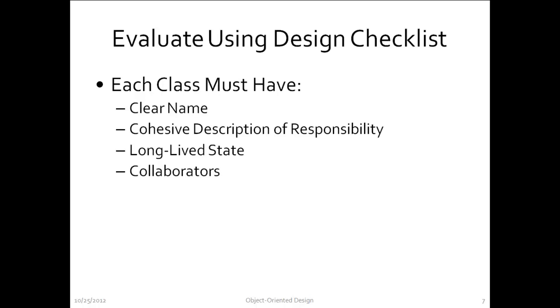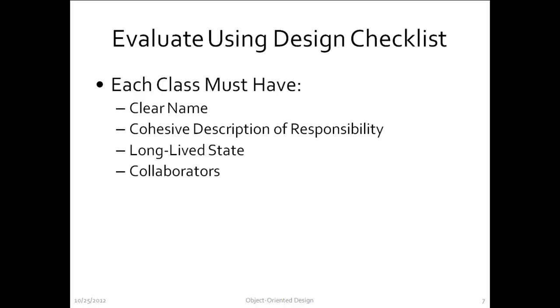The second thing is, when you look at the description of the class, is it a cohesive, clear description of its responsibility? If you find that the definition of the class has many conjunctions, ands and ors, then this class is probably not an appropriate class.